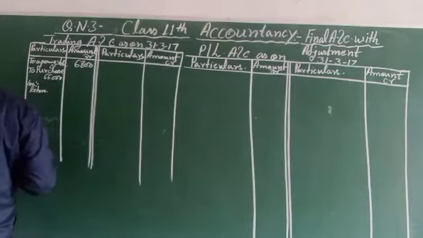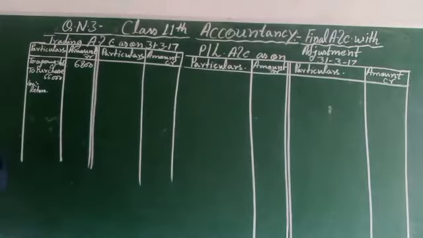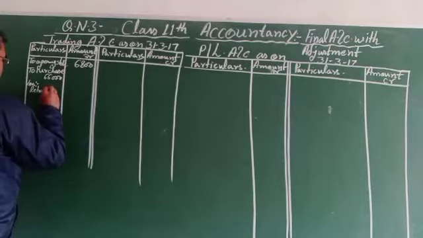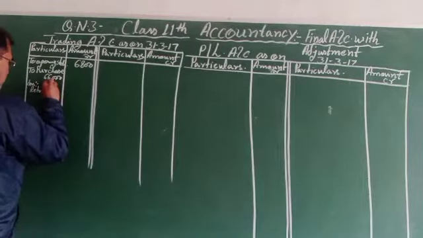That is purchase return, and sales return is also given. You can find in credit column of trial balance, returns given 1,500, minus 1,500.